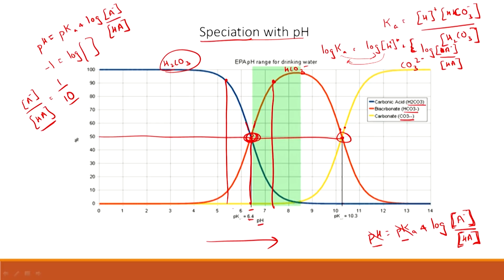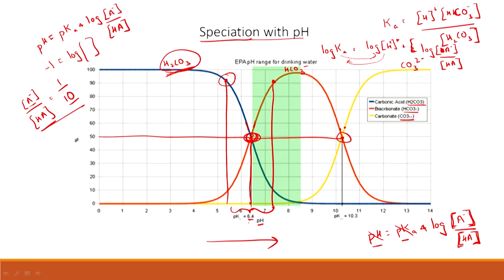So, you see that there is a very narrow range within which it can act as a good buffer. And more importantly, now you can see that if the pH is 5.4 and you add carbonic acid to the system, it does not really dissociate much because most of it is present as H2CO3, that is what we saw out here. So, very little will dissociate into HCO3 minus, so the pH will not really change, right. So, that is something to keep in mind.